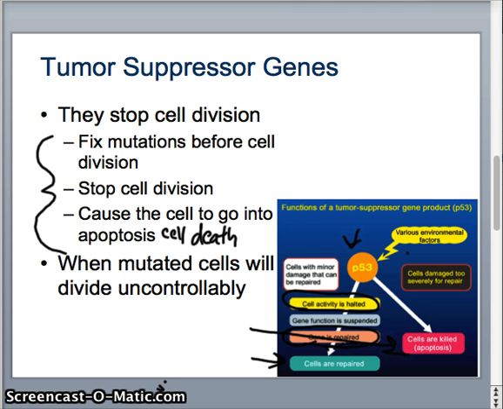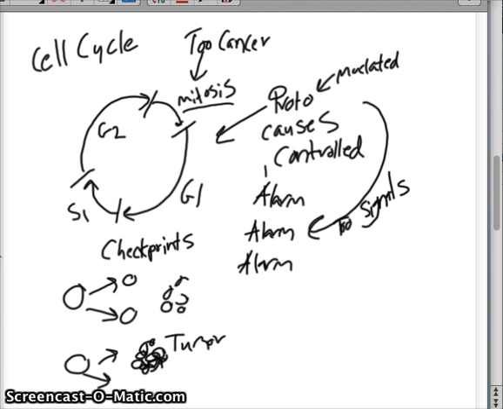cancer is not just one mutation, it's a series of several mutations, because several of the oncogenes are going to have to be mutated in order for this to happen. But once that all falls into place and you have oncogenes, then the cells will divide uncontrollably, because the tumor suppressor genes are responsible for these checkpoints.